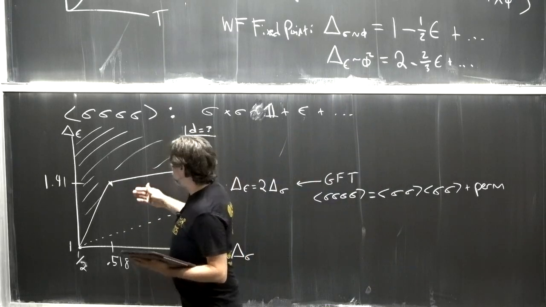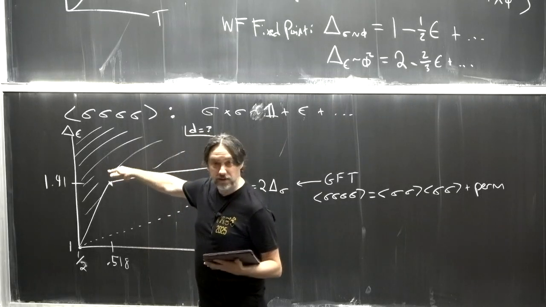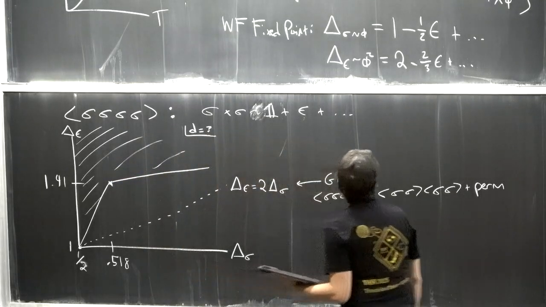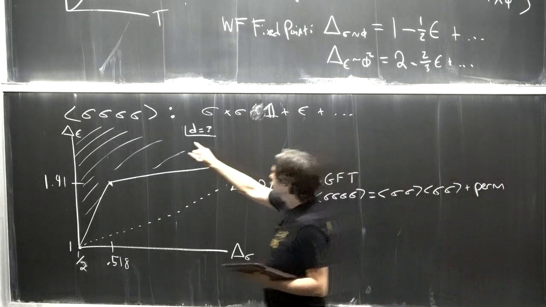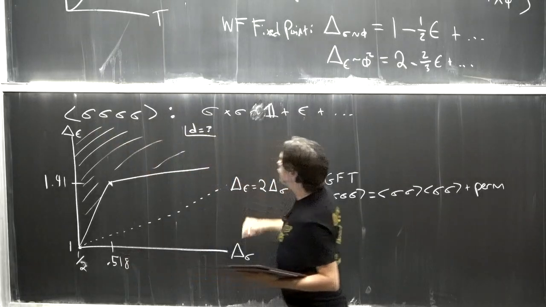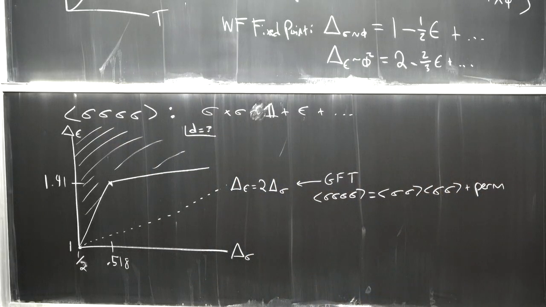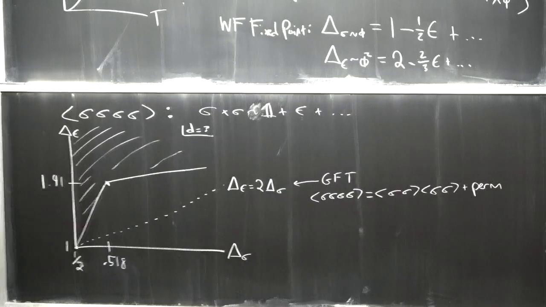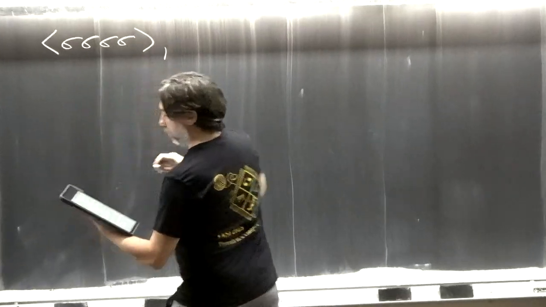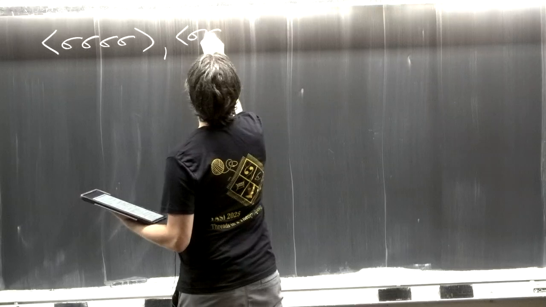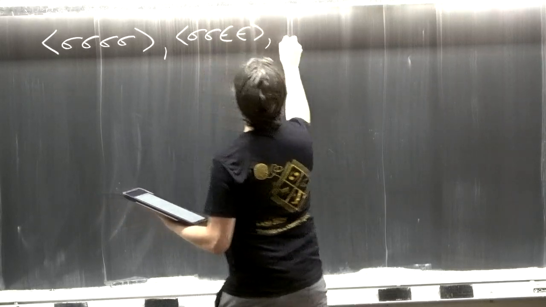You could ask, could you place both upper and lower bounds on these scaling dimensions? And that's something that you can't do very easily with this single correlator, but you can do with multiple 4-point functions. So to push this farther, one thing you can do is, instead of just 4-point functions of sigma, you can start looking at mixed correlators.